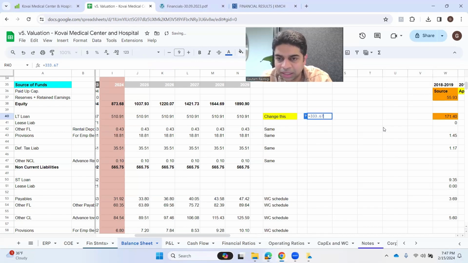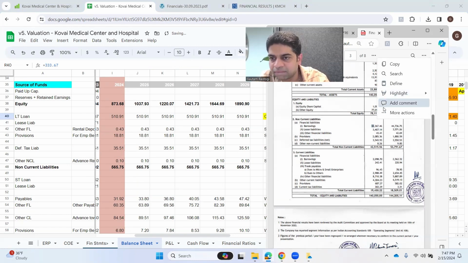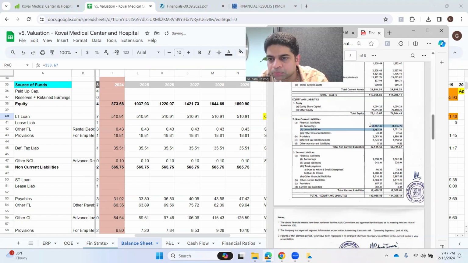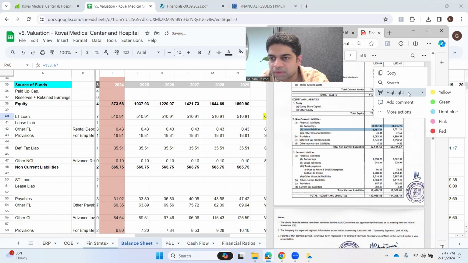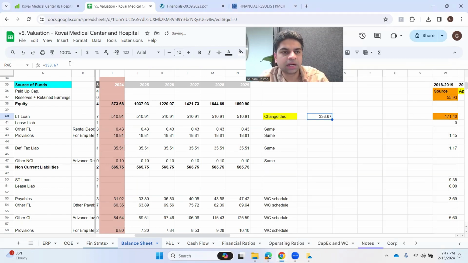333.67. Okay. That's their long-term loan, plus lease liability 34.67. I'm referring to these numbers. Let me highlight this. See, this is too small. Okay. So yeah, and then 34.67. So let me add this here.